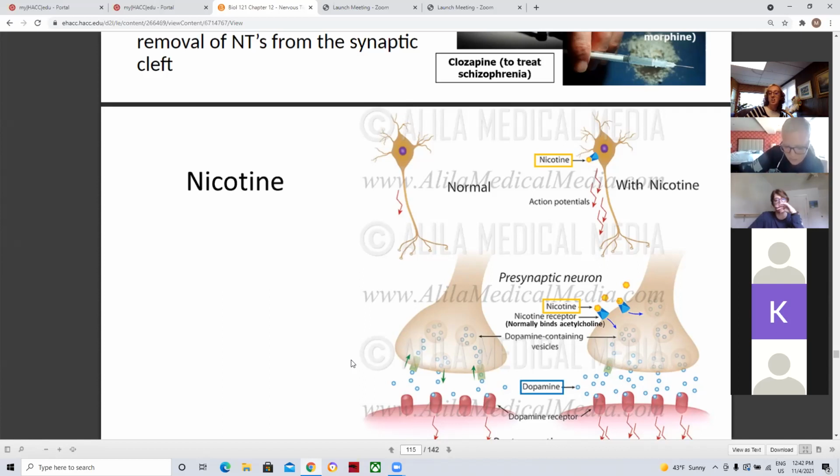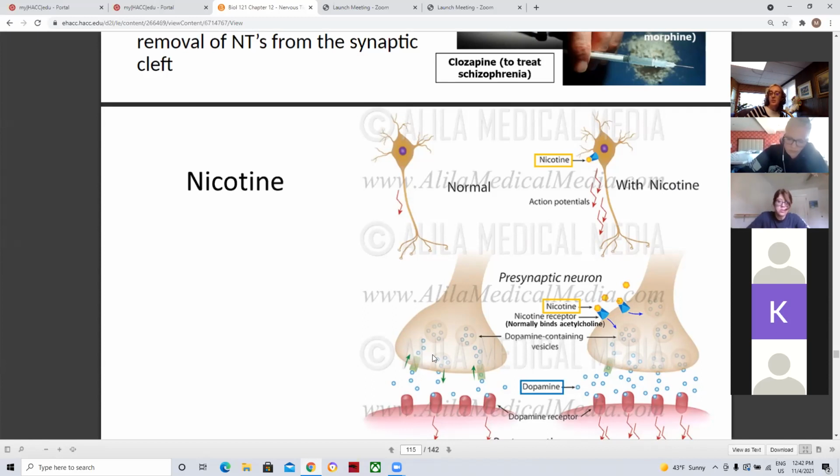And it initiates an effect that normally acetylcholine would initiate. Remember how it's excitatory at a lot of neurons because of acetylcholine, and inhibitory at neuromuscular junctions.